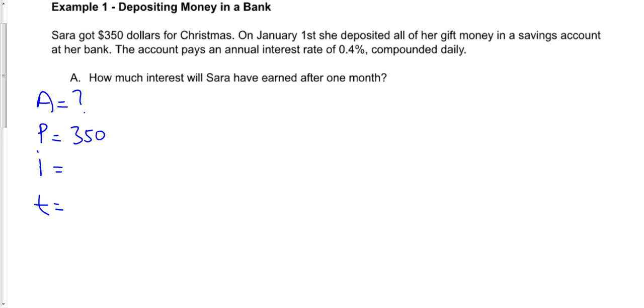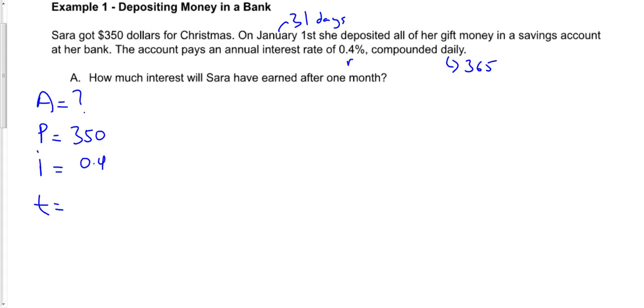We want to figure out our I value, and that's going to be the rate of interest divided by the number of compounding periods. Because it's compounded daily, that's 365 per year. So our I value is going to be 0.4%.